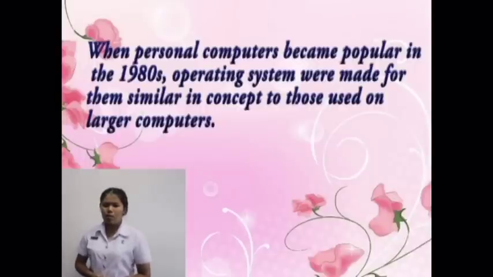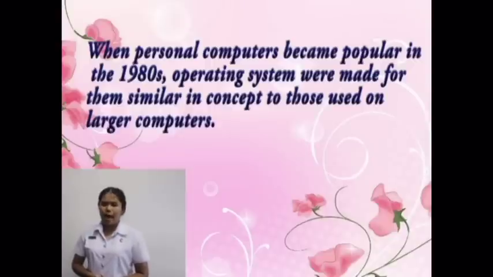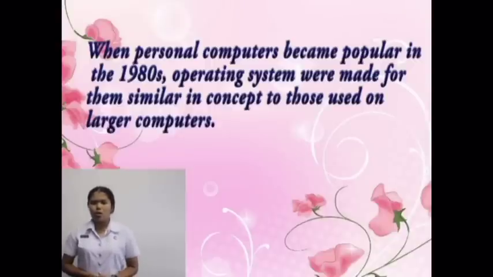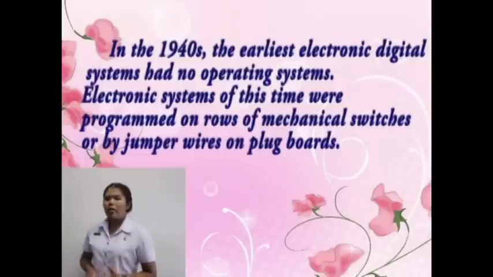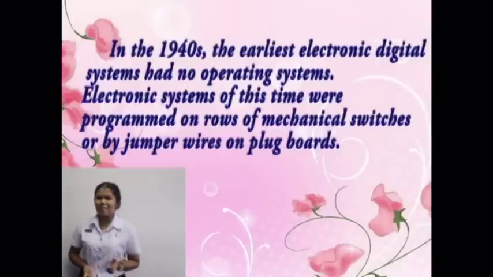When personal computers became popular, operating systems were made for them, similar in concept to those used on large computers. In the early days, electronic digital systems had no operating system.